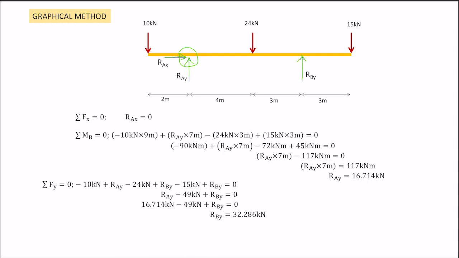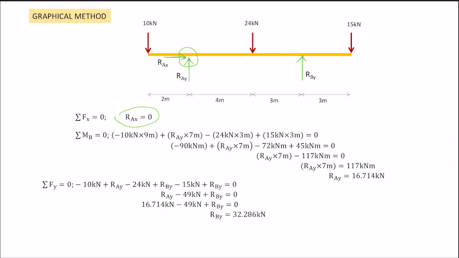It is a roller support, meaning the reaction is only arah Y. We can start with finding the value of RAX. Since there is no force horizontally, RAX is equal to 0.